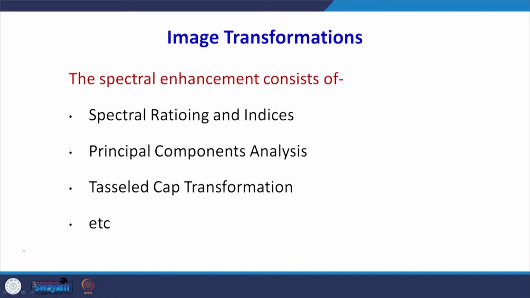Spectral enhancement is done with the help of spectral ratios and indices, which have been developed on the basis of the spectral bands. Then we will discuss principal component analysis, popularly known as PCA, and the third one is the Tasseled Cap Transformation, TCT. Although a very large number of transformations are available in the remote sensing literature, these are the most important and popular ones, which we will discuss in this lecture.